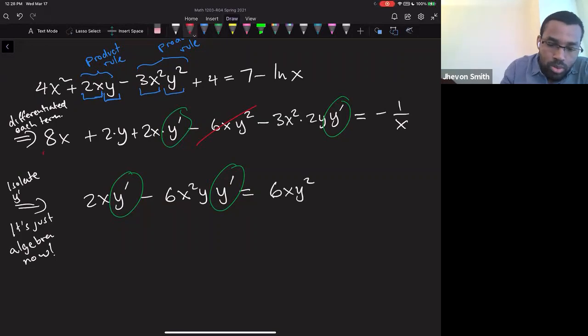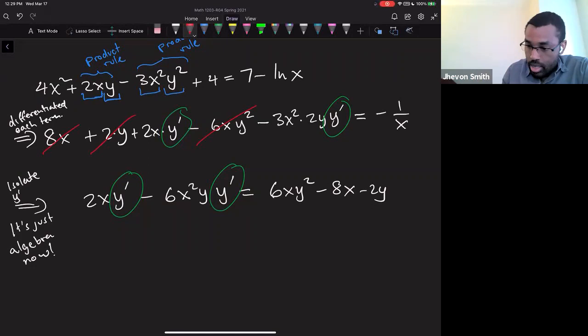I am going to move over the 8x. I am going to move over the 2y. I am going to move over, oh, that's it. That's all the other guys. And then there was already the -1 over x hanging out over there.